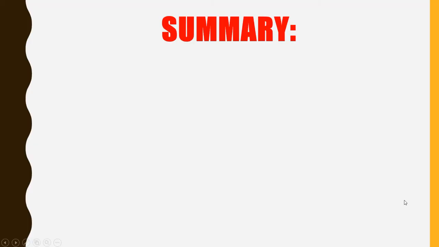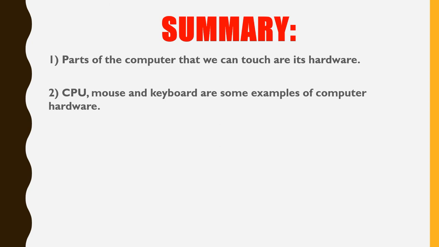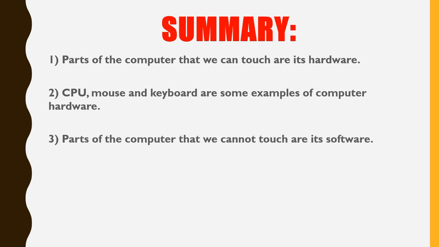Students, did you understand the video about hardware and software? Now let's summarize the topic. Parts of the computer that we can touch are its hardware. CPU, mouse and keyboard, monitor are some examples of computer hardware.